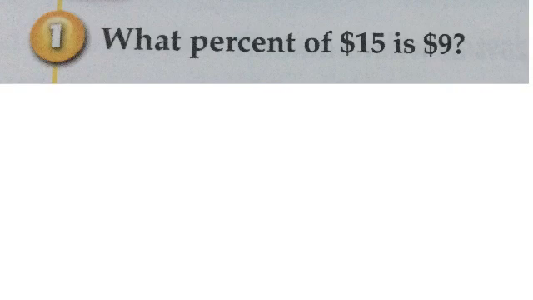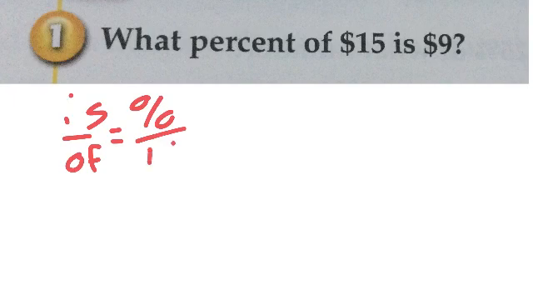Okay, here's our first example. What percent of $15 is $9? So again, I know I'm going to use this as an is over of problem. Is over of equals percent over 100. Now see if you can identify which values are which. So it says is $9.